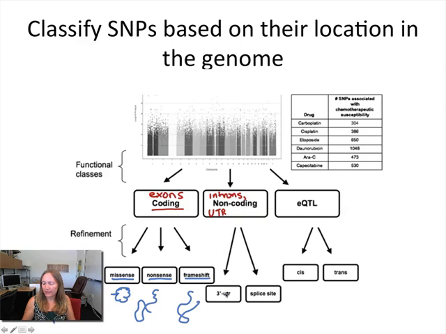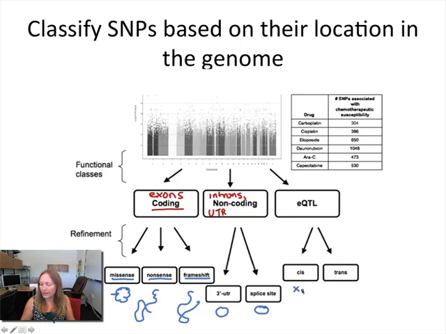In the non-coding regions, you have mutations that can occur in a 3' UTR or in a splice site. Both of these could affect regulation of translation, but aren't going to cause the protein to necessarily misfold. And then these EQTLs, you have 2 types.